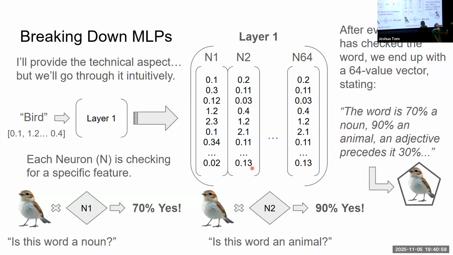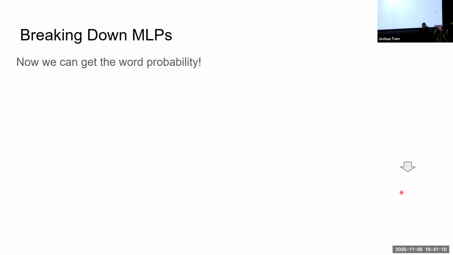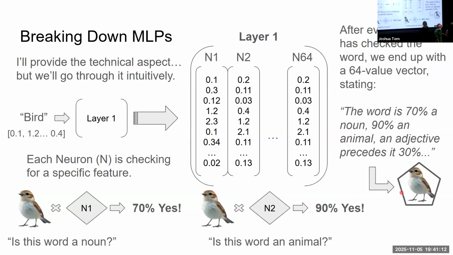I'm also going to represent this summary feature vector with a pentagon. Anyways, that's what the first layer of an MLP is doing. We're extracting the details from the word bird and actually getting something of meaning.